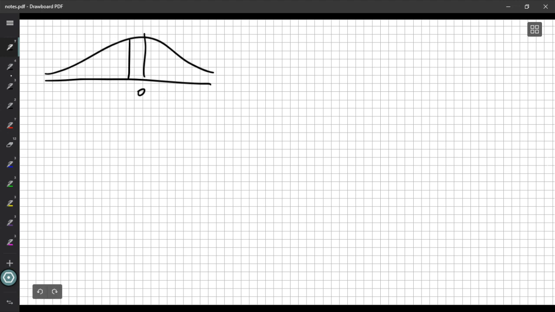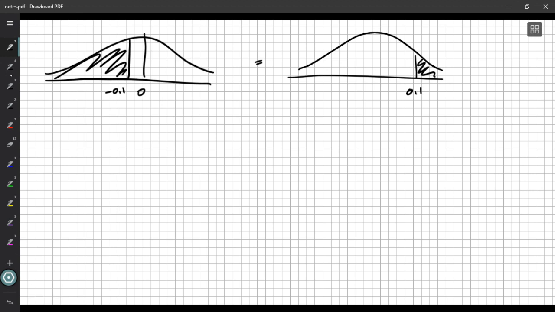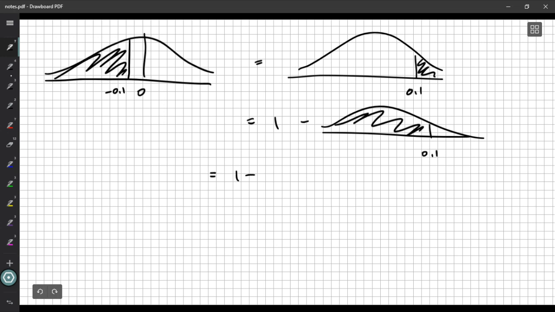Negative 0.1 is over here. We want the area to the left. Well, that's the same as if the area was over here on the right side. And we flipped everything and got a positive z-score. And that is 1 minus the area to the left. So we want 1 minus the probability z is less than 0.10.